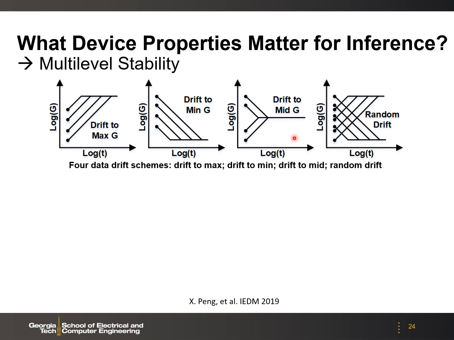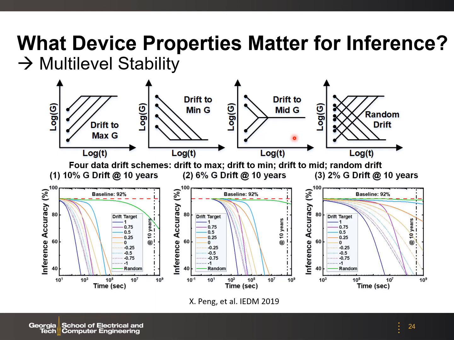With those 4 schemes, we can run the inference accuracy estimation using the framework, and then report the inference accuracy as a function of time. Here we show 10% conductance drift over 10 years, and we see that the green line represents the scheme where the drift is random, and it is the most robust against inference accuracy degradation, while the other schemes quickly degrade the inference accuracy.